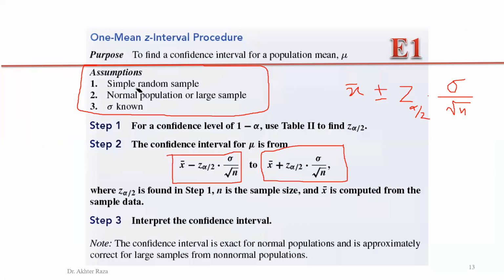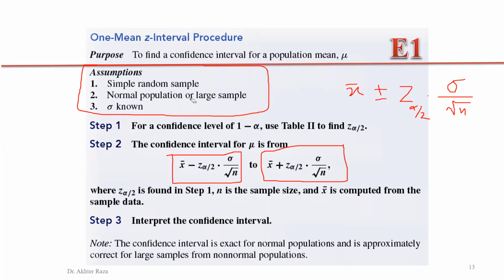According to the assumptions, either the population is normal or the sample size is large. Even if someone decides that the data is not normal, we can still use the Z procedure or the central limit theorem, because in this example the sample size is 36, which is large.